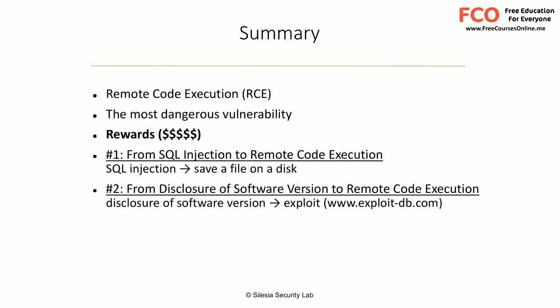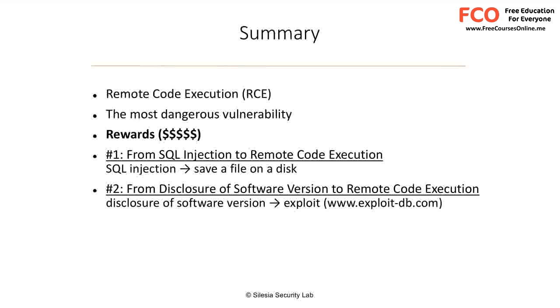Next, I discussed one of the most underestimated RCE attacks. It was about how to go from the disclosure of software version to remote code execution. I presented how you can learn about software version from the response headers. And when you've got this information, I presented to you how you can learn if there is an exploit for this software version.